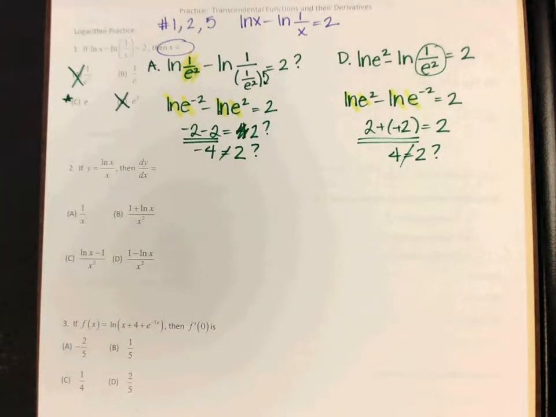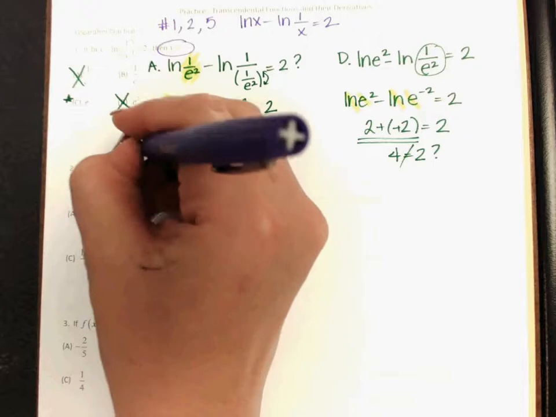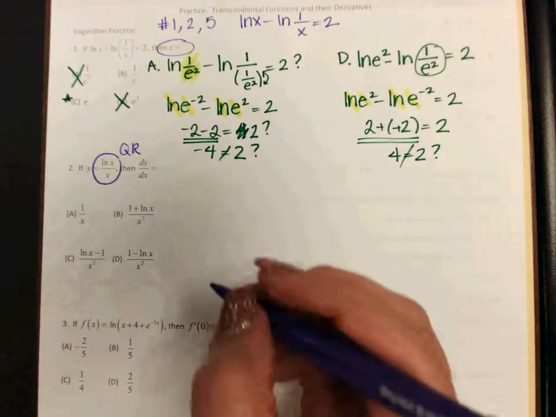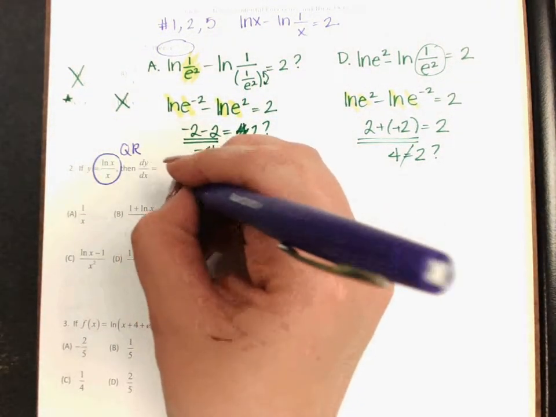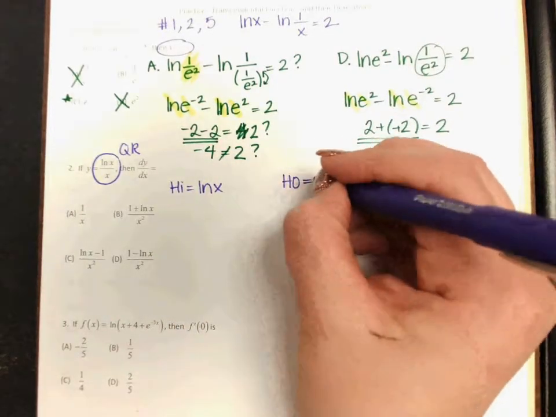Okay? Now, coming down to number 2. You should see we're taking the derivative. This is obviously a fraction, so that means that we're going to need quotient rule. So my high is going to be ln x, my ho is going to be x.